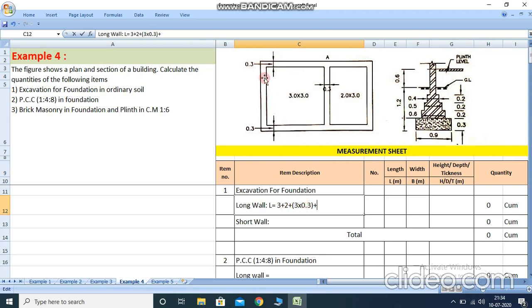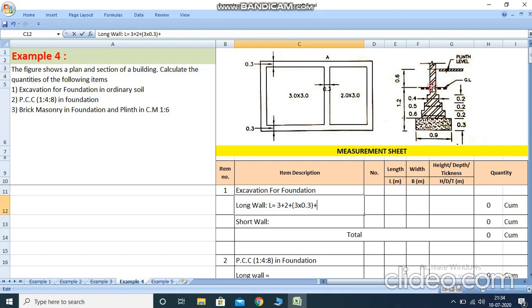We also include the external wall to the external corner of the PCC work. Here 0.9 meter is the width and the wall thickness is 0.3 meter. So the difference 0.9 minus 0.3 is 0.6, clear.